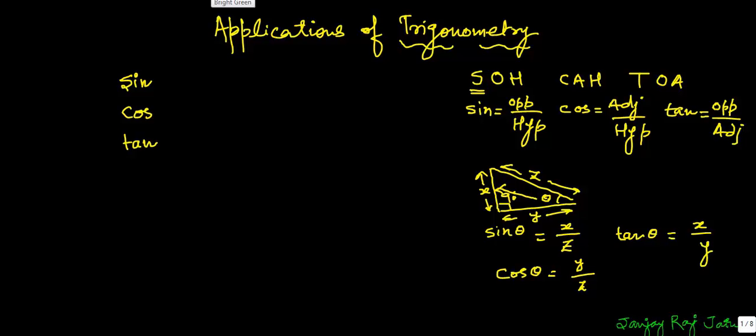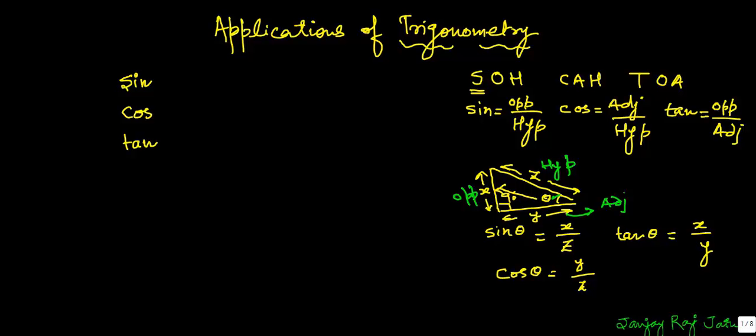So this was about the mnemonic. This is the opposite side when we are talking about this angle, this is the hypotenuse, and the third side will be the adjacent side.